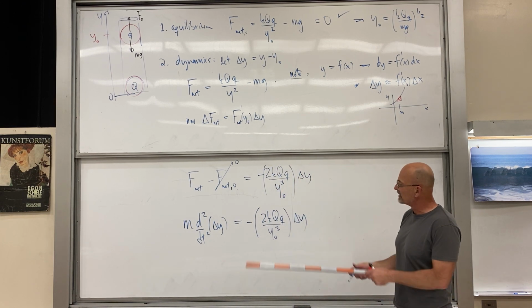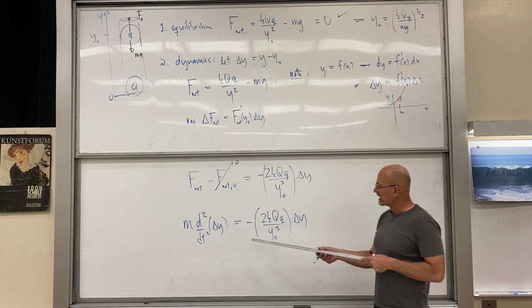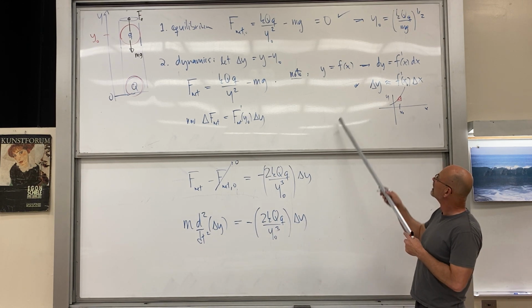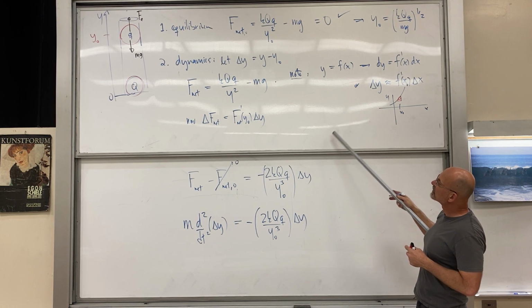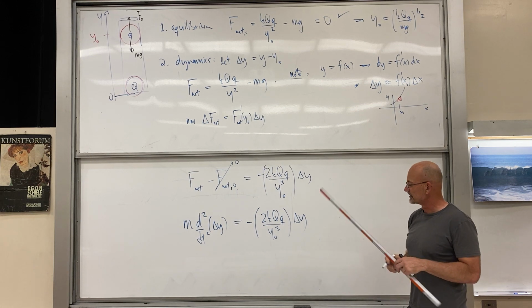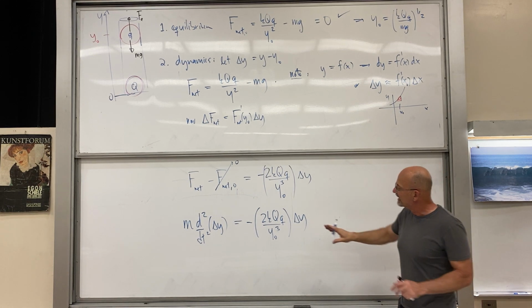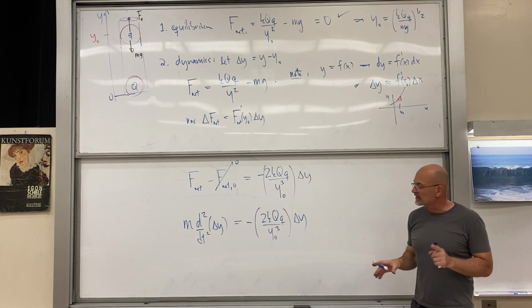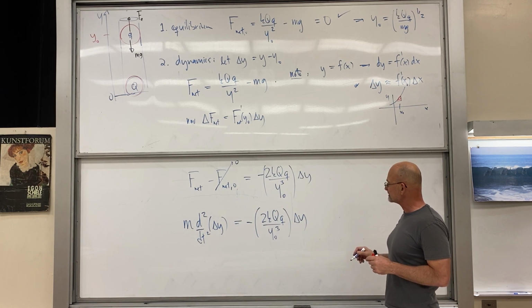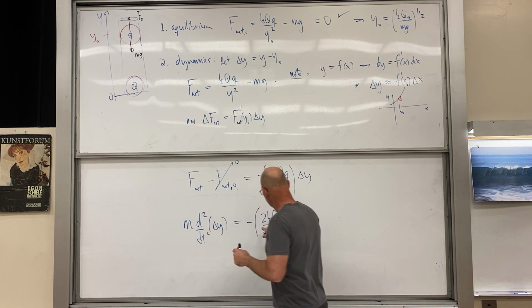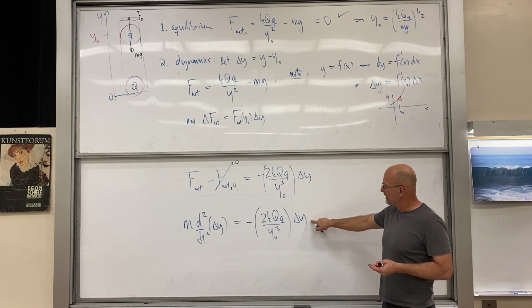So now I've just done Newton's law. I could have given this delta y another name. It's y minus y0. Could have given it any name at this point. This is the form of the harmonic oscillator equation. Mass times acceleration equals force.